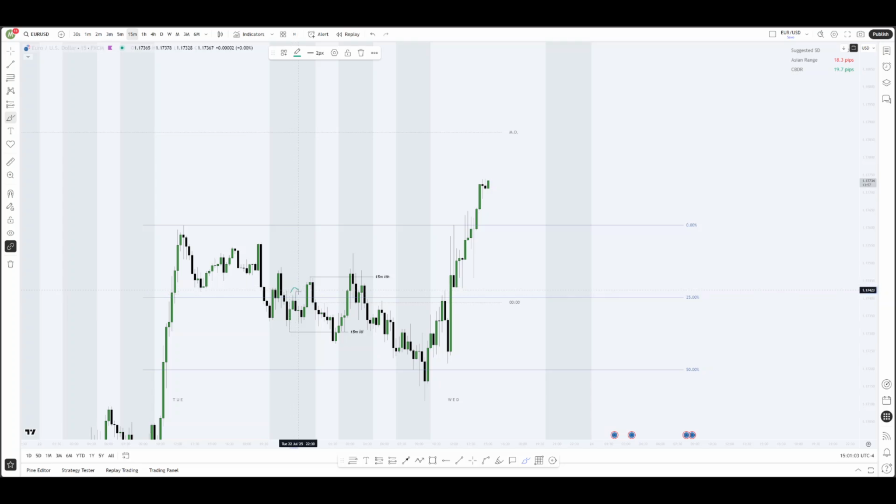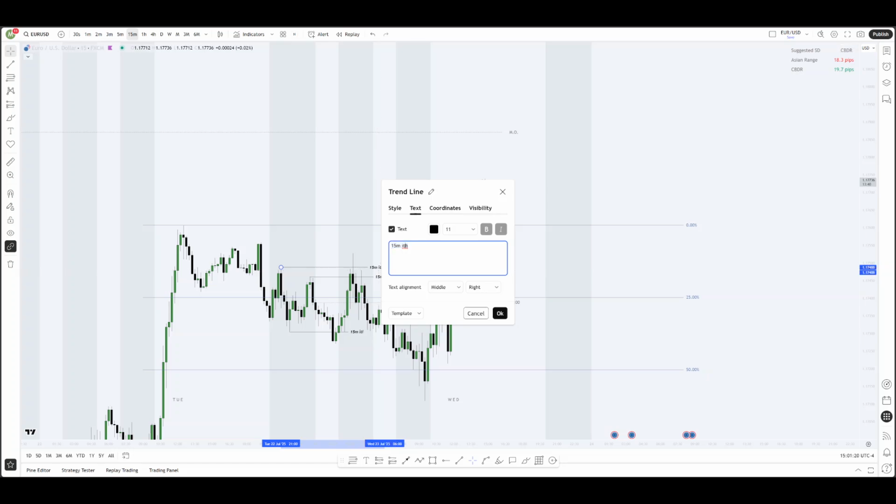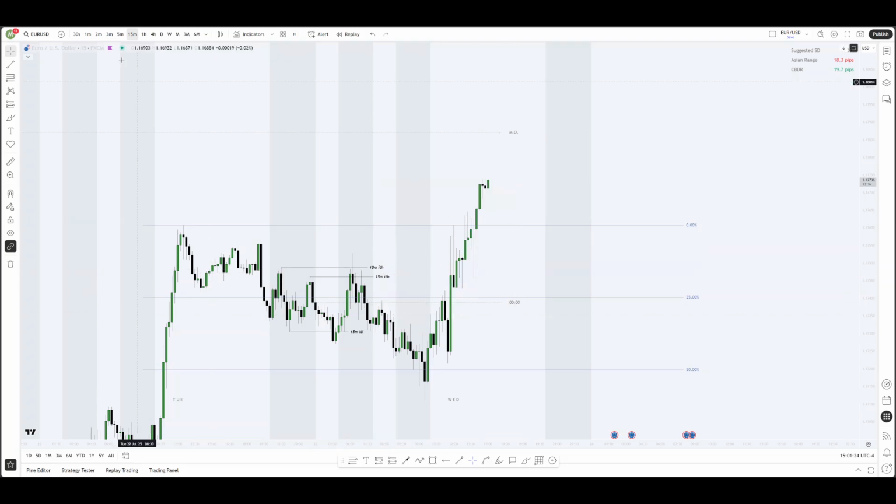Because it has this swing high to the right and this swing high to the left of it, making this an intermediate term high. And this high, together with this high, are also forming equal highs. So therefore, I would also mark out this high and call this an equal high, like so.